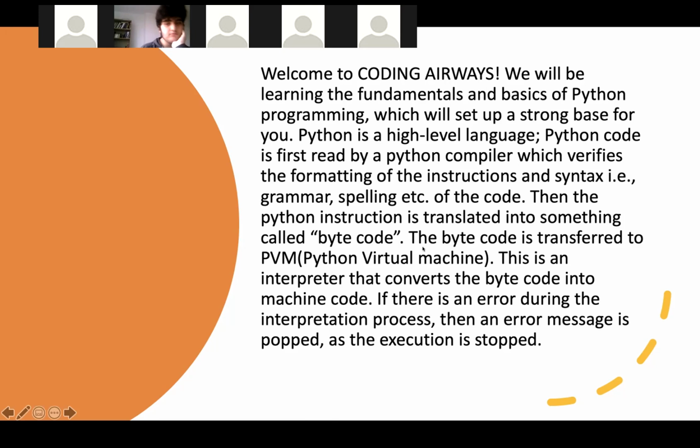Then this bytecode is transferred to something called the Python virtual machine, or in short form, PVM. This is an interpreter, and it converts the bytecode into machine code. This machine code is something which the CPU within the computer understands, and that's how humans and the computer communicate with each other.